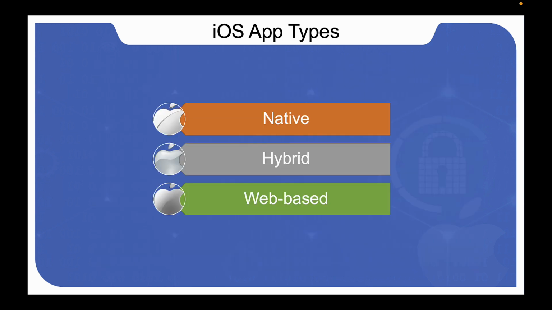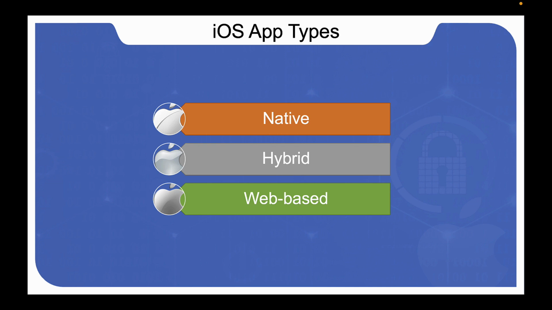We have three main types of iOS applications: the native, the hybrid, and the web-based. Native applications are developed using Objective-C or Swift language under the Xcode IDE. The hybrid applications use frameworks such as PhoneGap, Cordova, and React JS to build such applications.